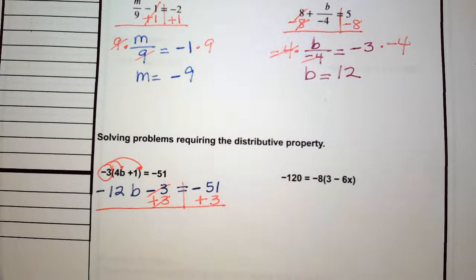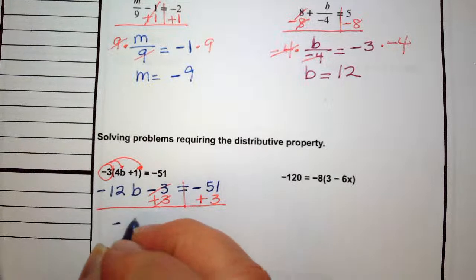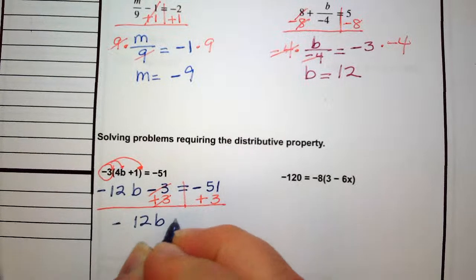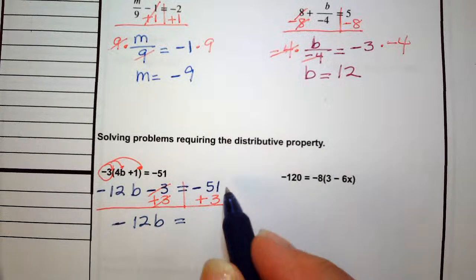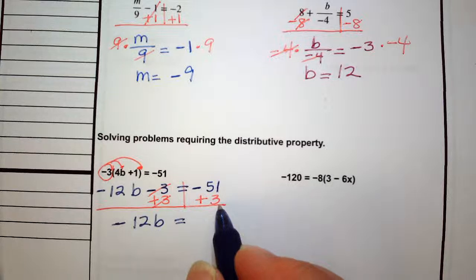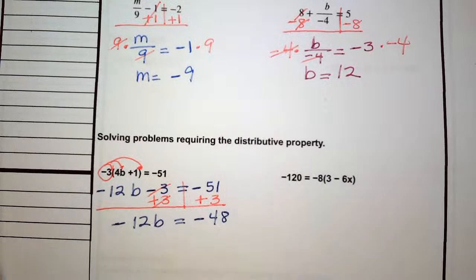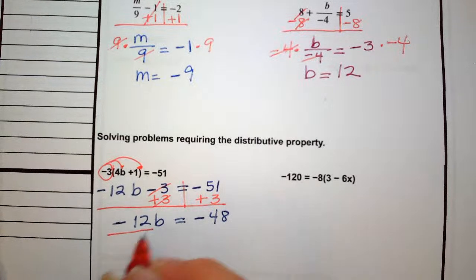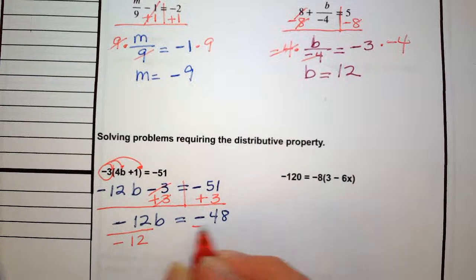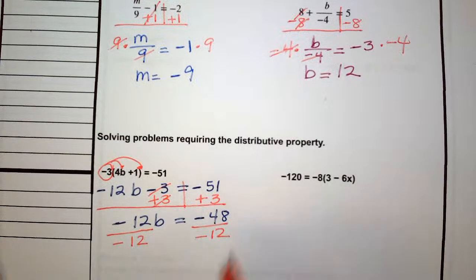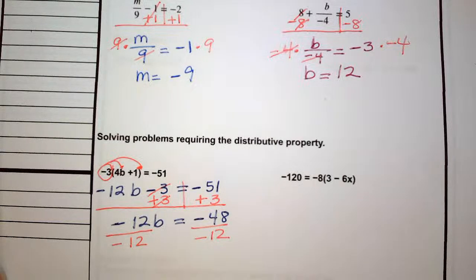Negative 12b is equal to negative 51 plus 3 is negative 48. Now I'm going to divide by negative 12 on both sides. B is equal to 4.